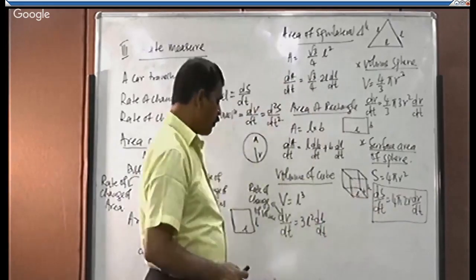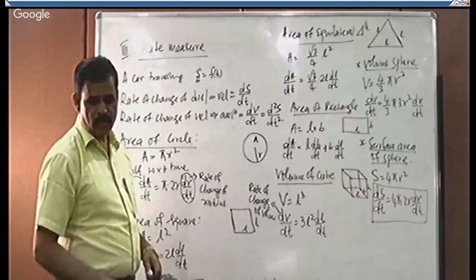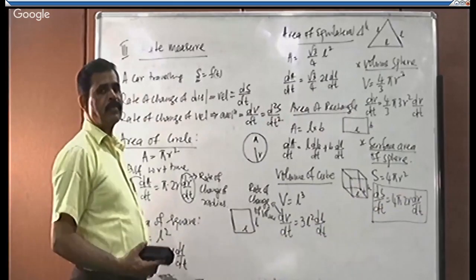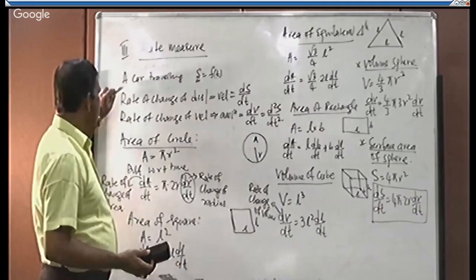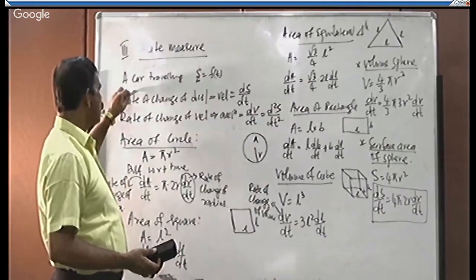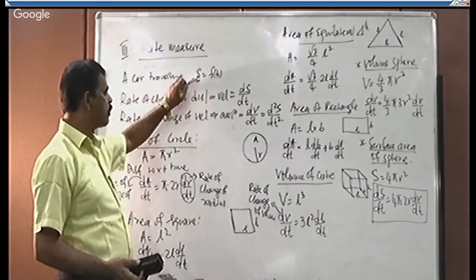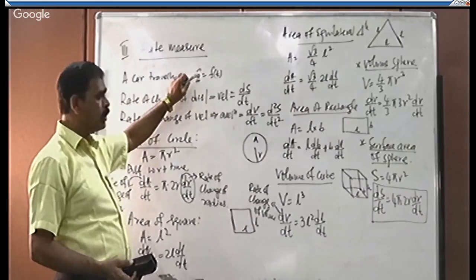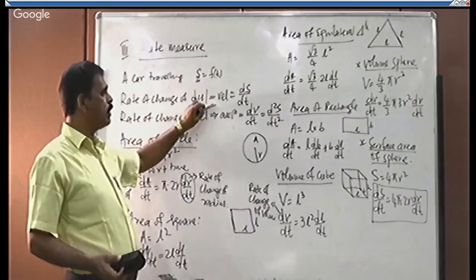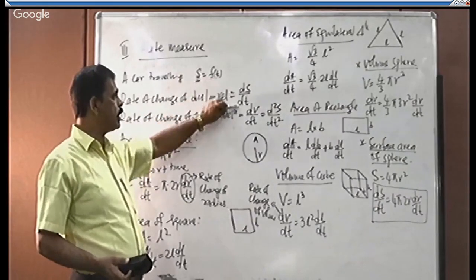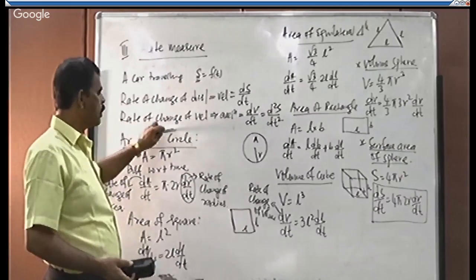Like that, for any variations, you can use this differentiation to find the variation of one quantity with respect to another quantity, right? Please remember, if any body is traveling according to some equation, S is equal to f of t, it means distance covered by a body is s units in a time t units. If it is differentiated, you will get instantaneous velocity, that is ds by dt. After differentiating this velocity, you will get instantaneous acceleration.